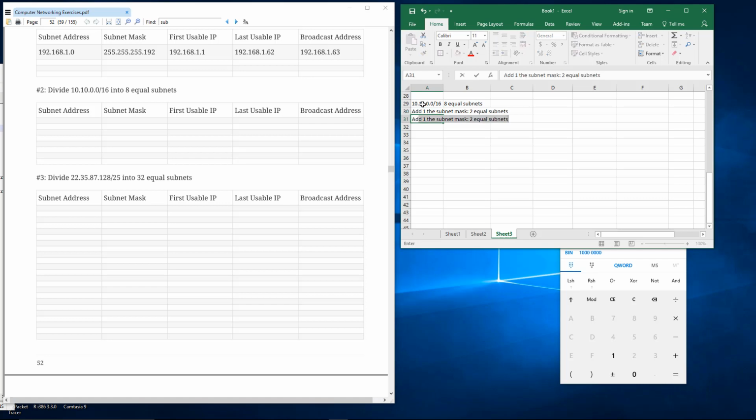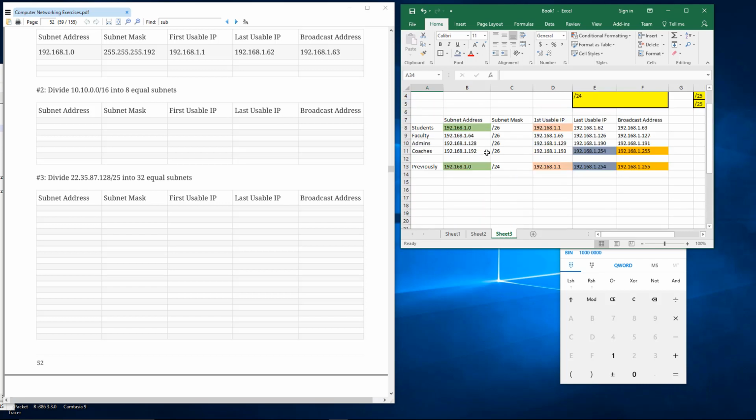If I add 1, so that's binary, it's not 11, to the subnet mask, that would give us 4 equal subnets. Every time we add a 1 to that subnet mask, we divide it in half. If we add in binary 1, 1, 1 to the subnet mask, that would give us 8 equal subnets.